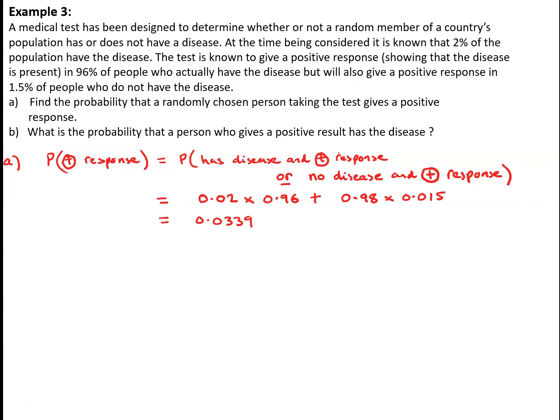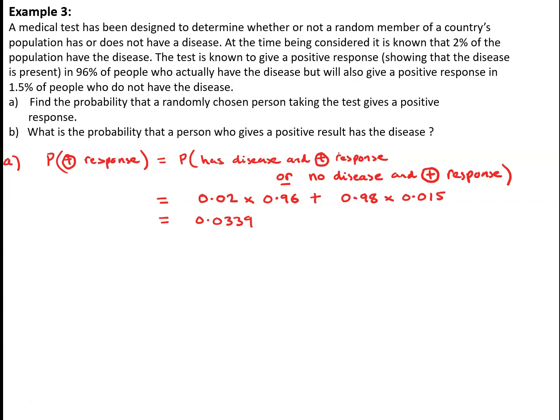Now for part B, what we're being asked for is the probability that a person who gives a positive result has the disease. So we want the probability that somebody has the disease given that they have had a positive result from the test.